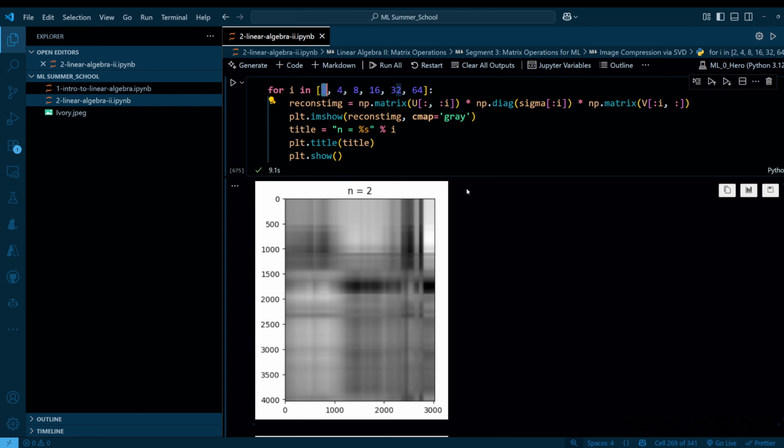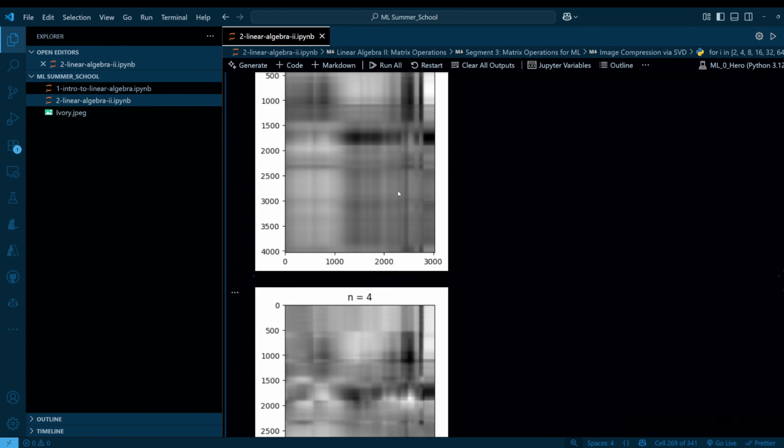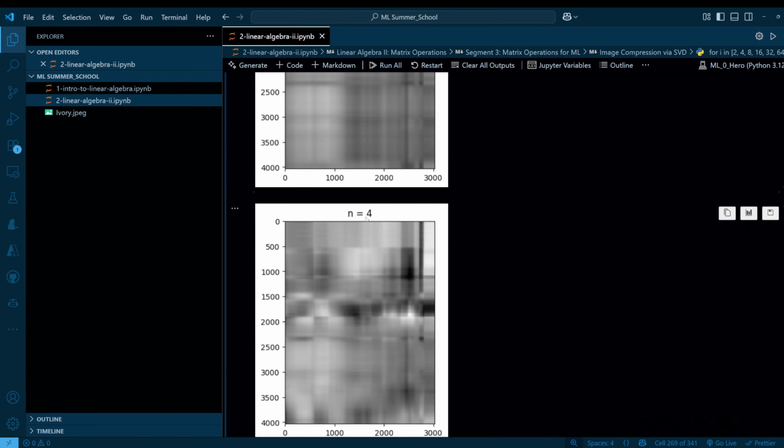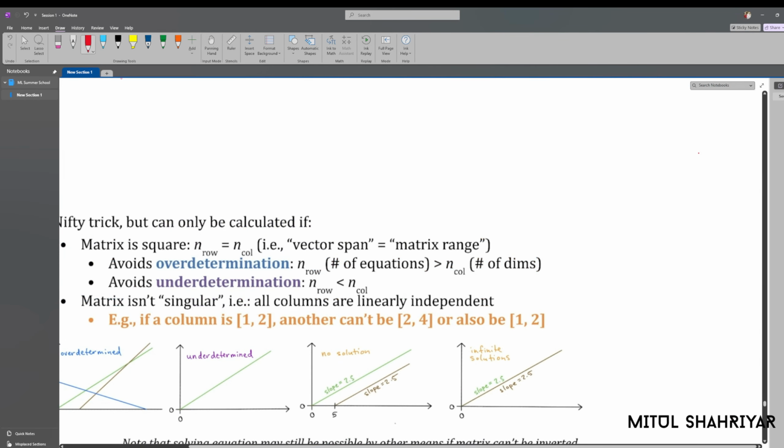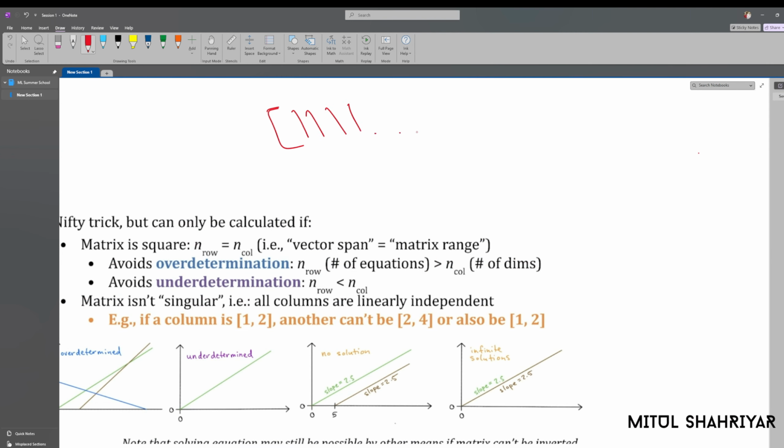If we take much more from 2, then we take 4, then we take 18, and so on, you'll see. If we take 4 vectors, just assuming 1, 2, 3, 4, we have all of those, but we are just taking 4 diagonal values from lambda, and from v and u we are just taking 4.